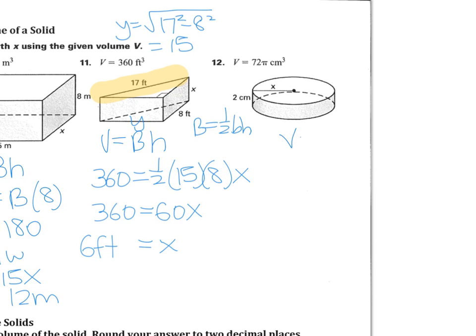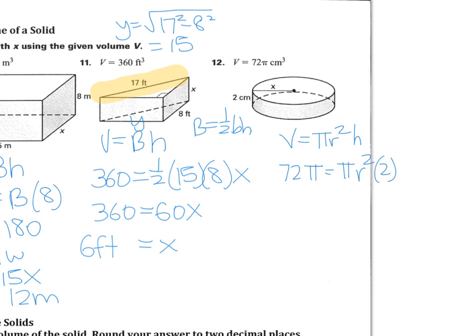Cylinder, volume is pi r squared h. Volume is 72 pi, so I'm not using 3.14 in this case. The height is 2.